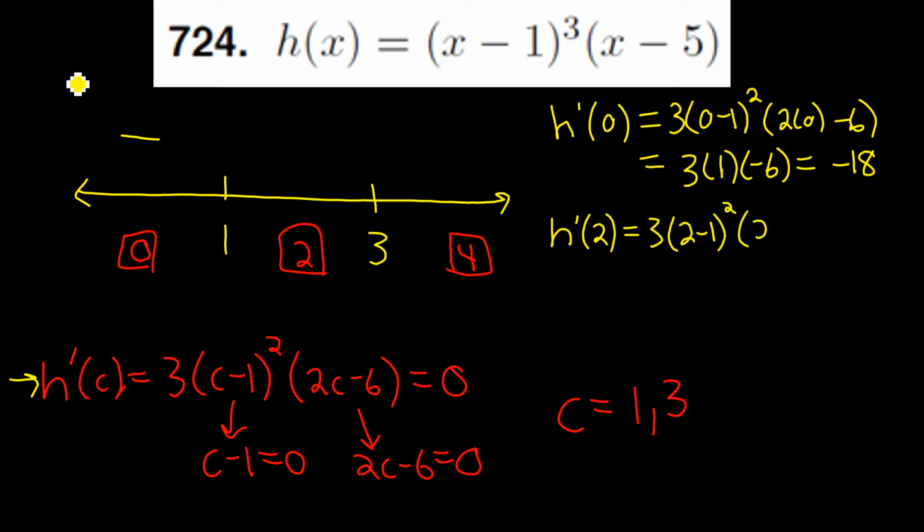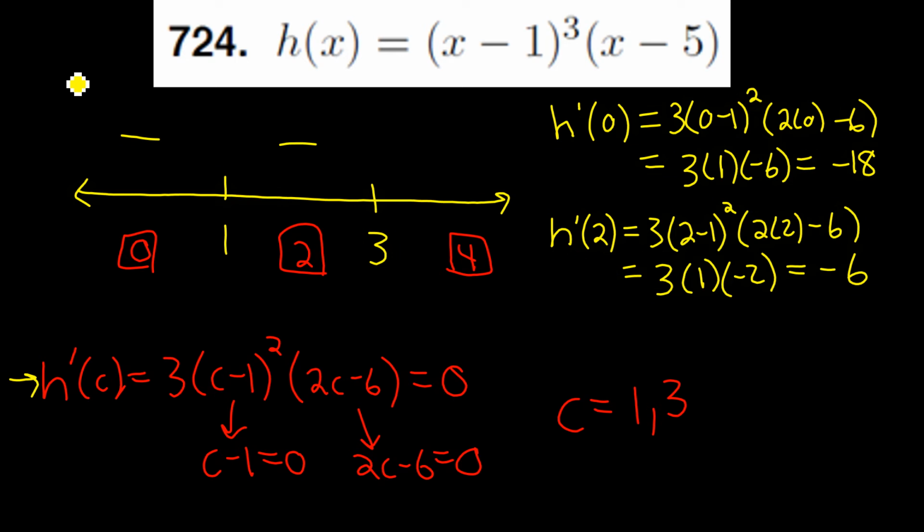That's going to give me 3 times 1 times negative 2, so that's negative 6. A very interesting thing just happened there: I still am decreasing. So we know that x equals 1 is not going to be a minimum like we might have thought before. That's actually going to be an inflection point likely.